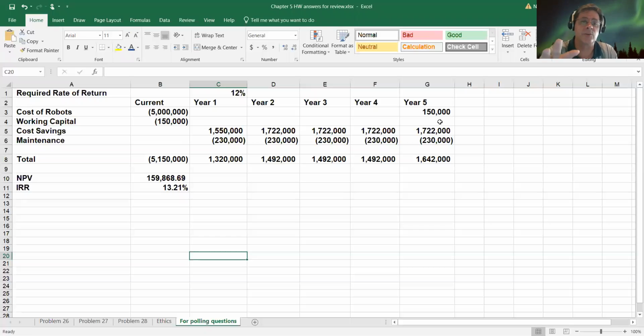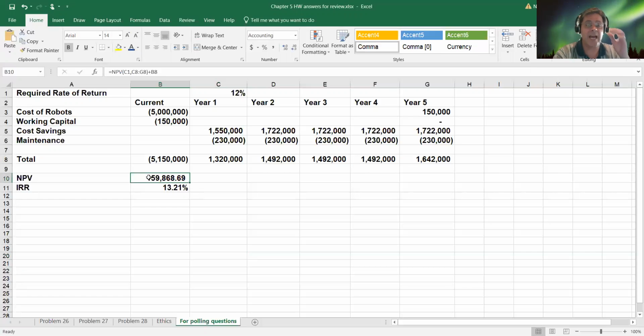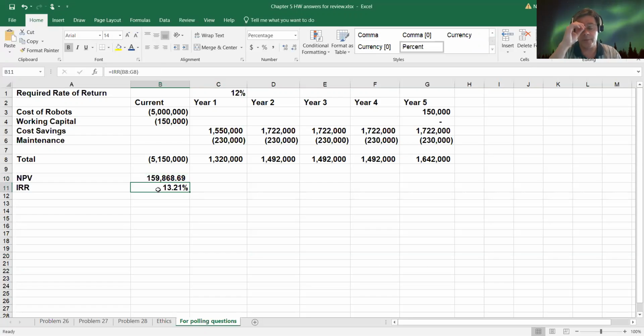And this is a situation with robots that we're going to install in our factory. So in this case, the working capital is not going to come back to us. But other than that, it's pretty much the same as what you're used to. Some maintenance costs, some cost savings, NPVs calculated using the formula in Excel, IRR using the formula in Excel.